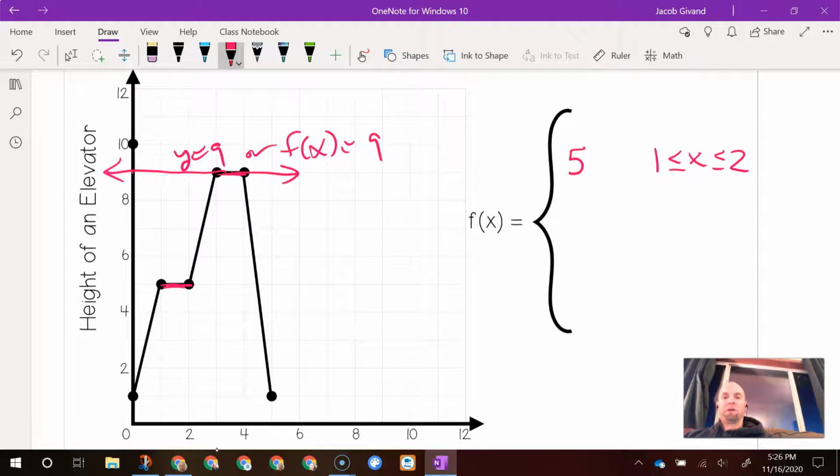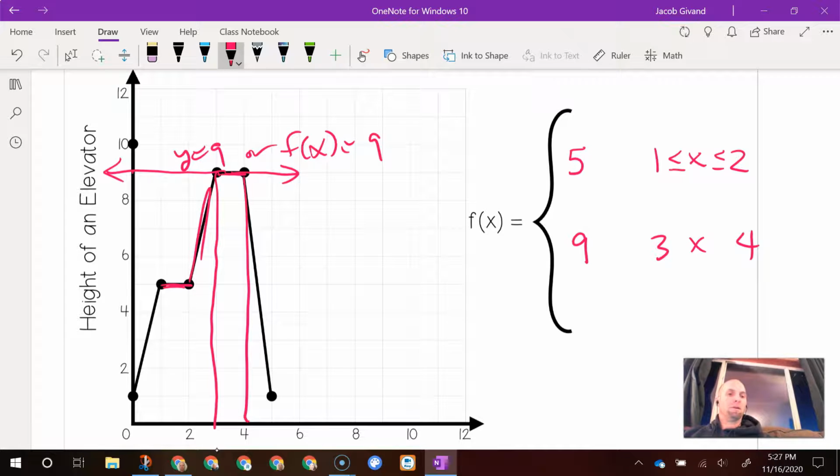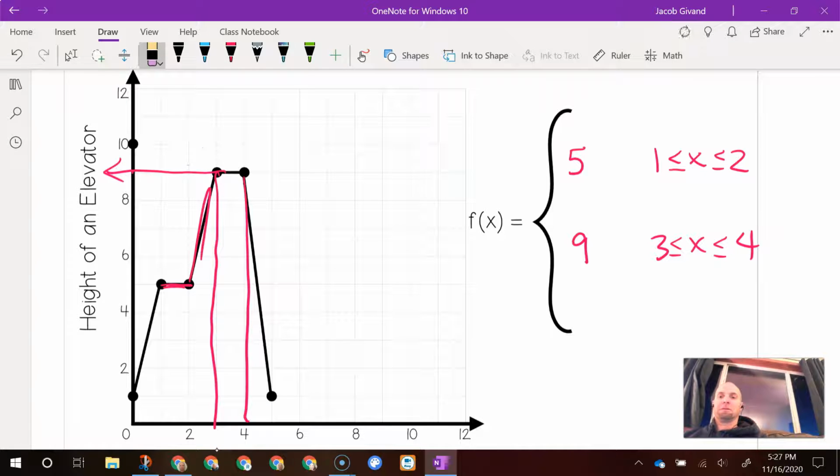We've got to leave a space again for the third one, but then we know it's 9, and that's in between 3 and 4. So from 3 to 4, y is always 9, or the function is always 9. Okay, so I'm going to erase this.